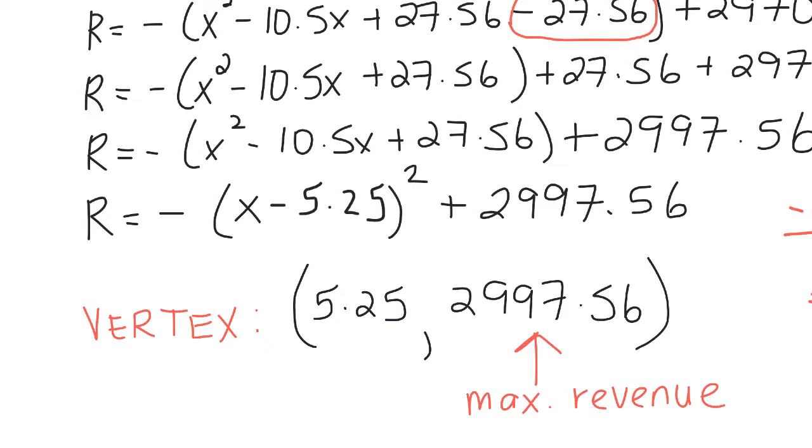The only way that they can earn this maximum revenue, however, is if they increase the price of their battery packs 5.25 times. So this h value, or the first half of your vertex, represents the number of price increases that have to occur in order to earn this maximum revenue.